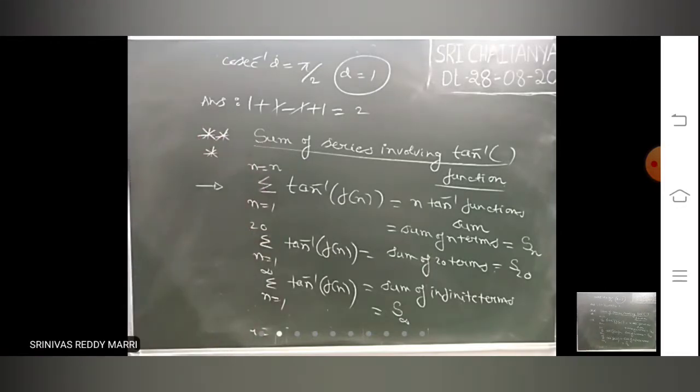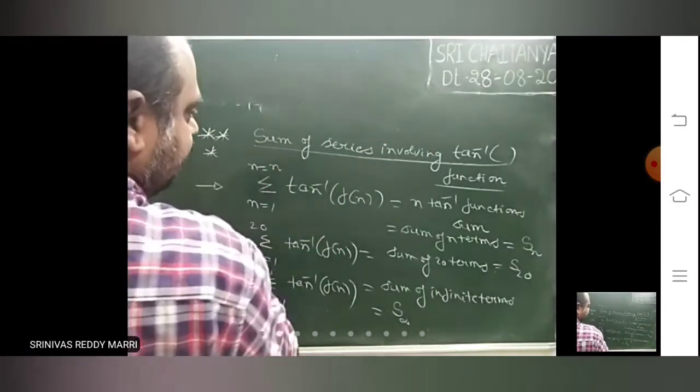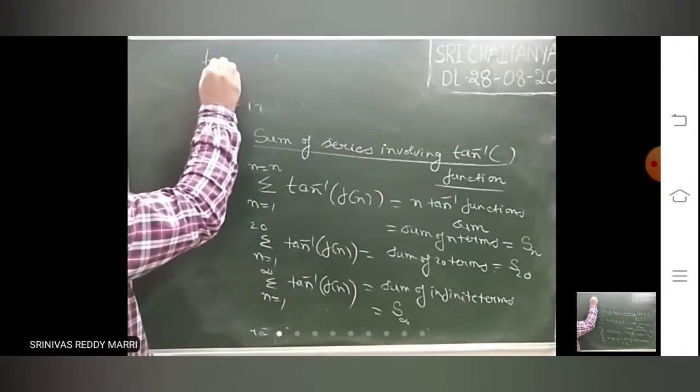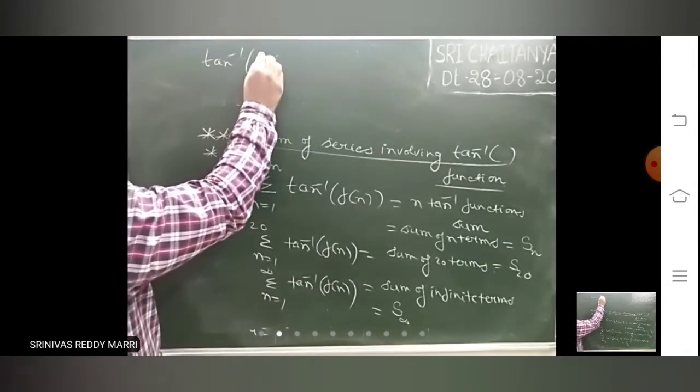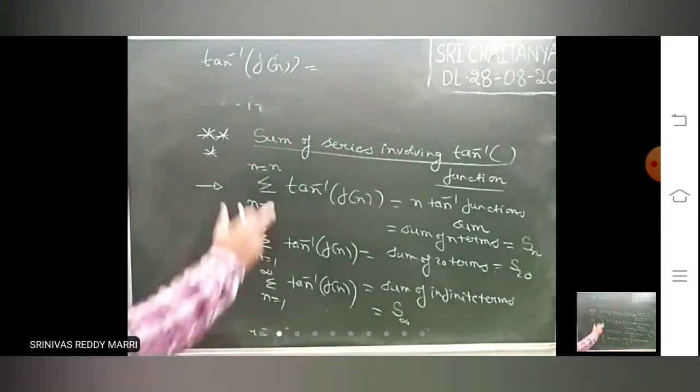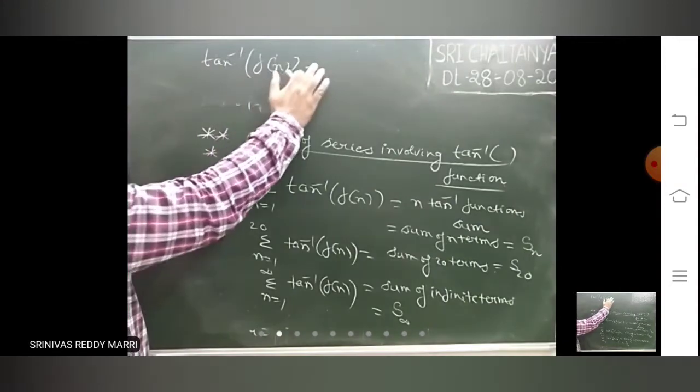For calculating these sums, what you have to do is look here. Whenever sigma is given, you take this one, the same simple method, f of n. So tan inverse f of n.